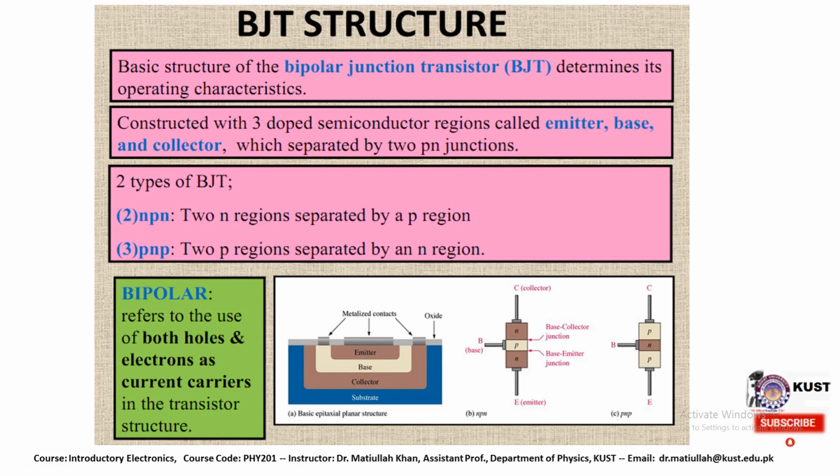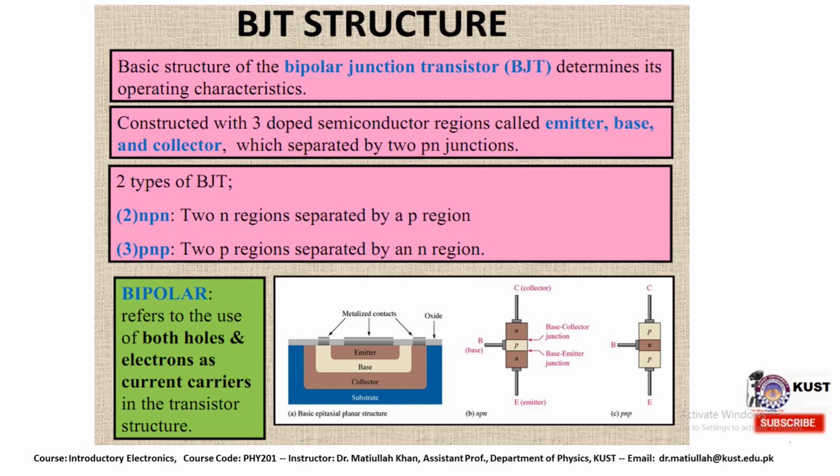BJT. It is called bipolar because in this case both holes and electrons are the current carriers, and that is why it is called a bipolar junction transistor. We have another type of transistor called field effect transistors, which will come, inshallah, in upcoming lectures.